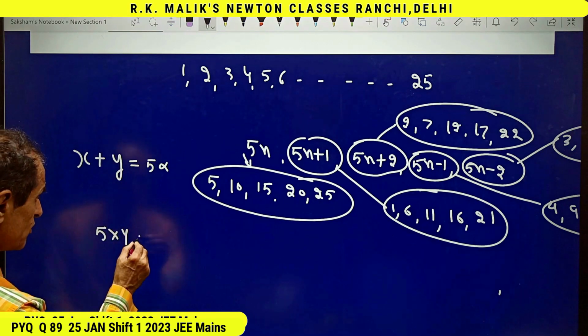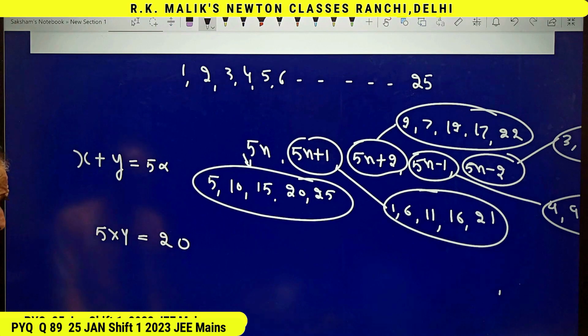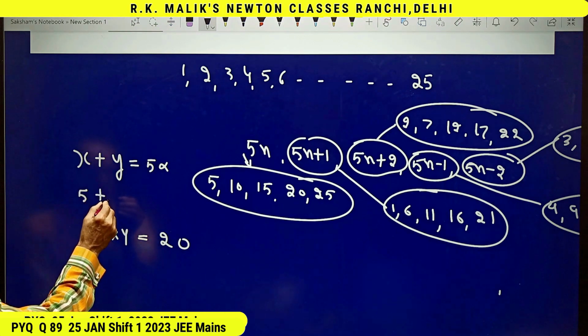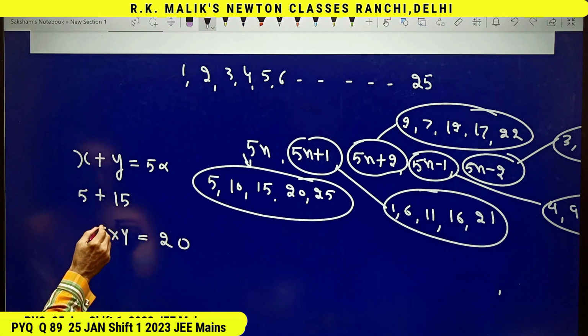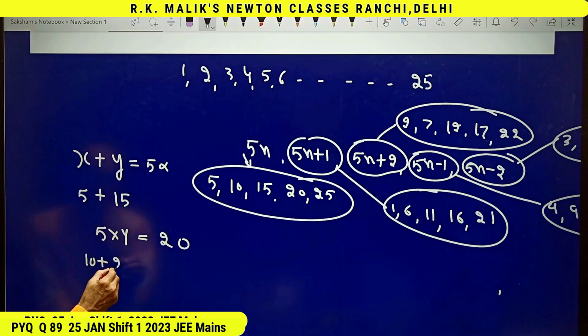That is 20 ways are there. Just for clarity, I'm saying that in 20 ways, the forms are say 5 plus 15, say 10 plus 20, say 15 plus 5.